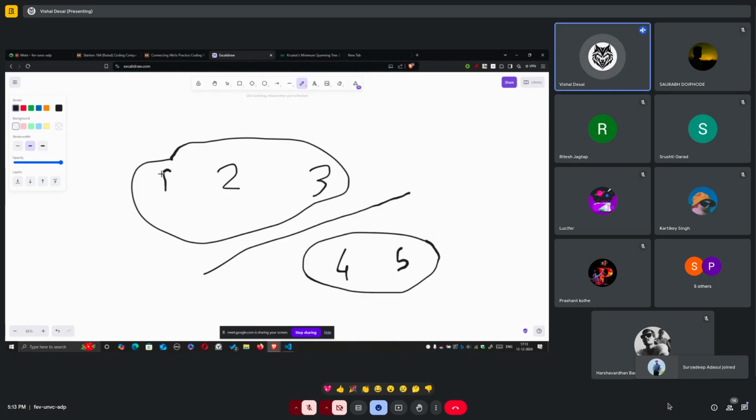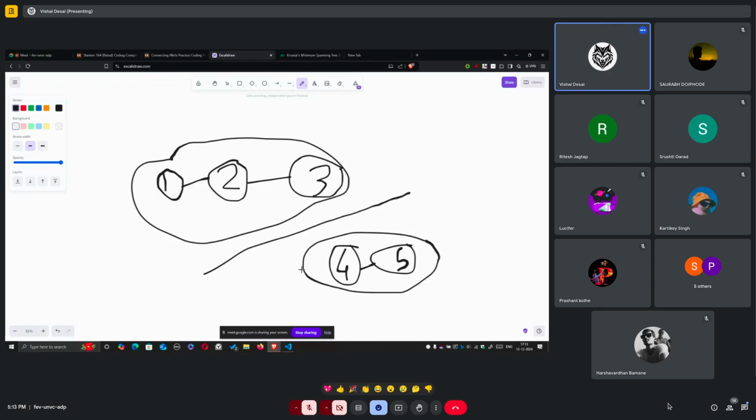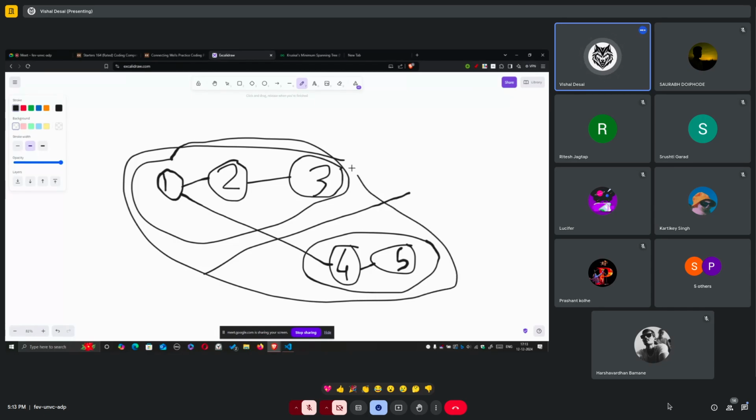Consider them as nodes. 1, 2, 3 are connected, and these two are connected. Is 4 connected to 1? Obviously not, because they are disjoint sets. So what we will do is we will try to connect each and every component, and at the end get the final answer.